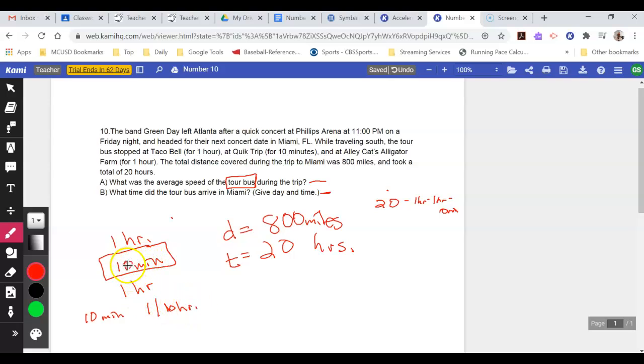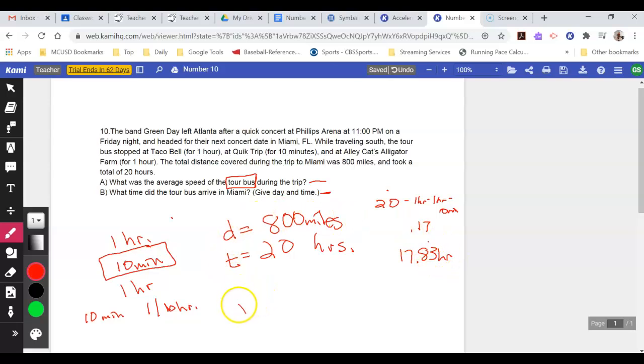Okay, so that would actually equate to about 0.17. So you'd also have to minus that 0.17. So your total time traveled, or the time spent with the tour bus in motion, is actually 17.83 hours.